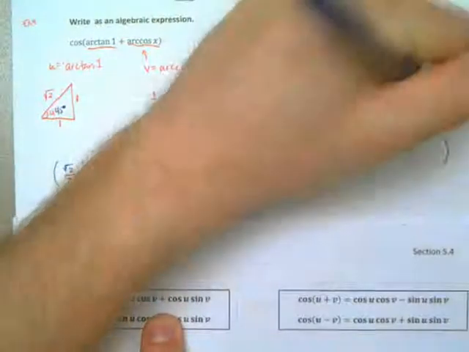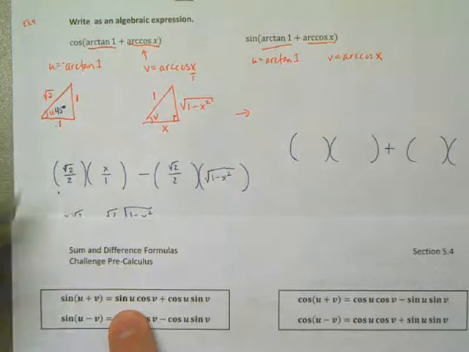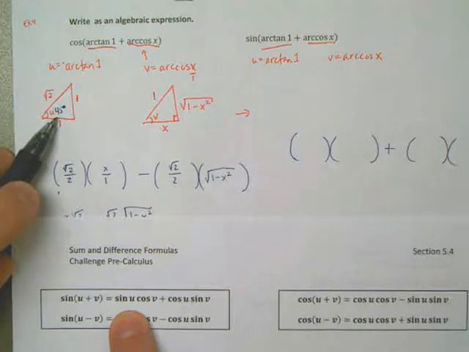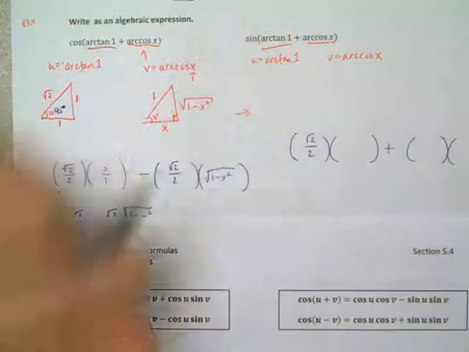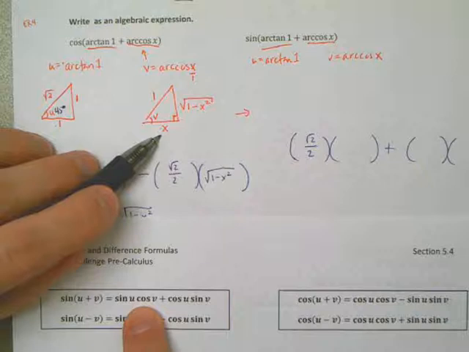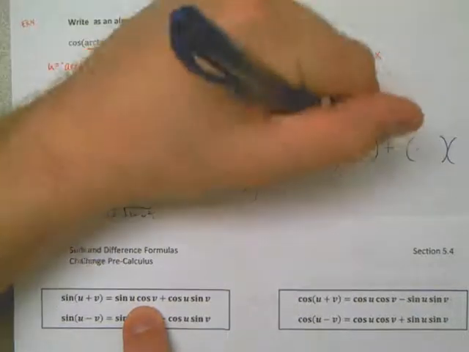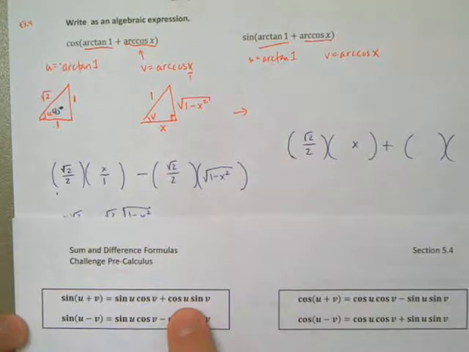Alright. Sine of u is 1 over the square root of 2, since u is 45 degrees. I'm going to write that as the square root of 2 over 2. Cosine of v is x over 1. Now, I need to add the cosine of u, which is 1 over the square root of 2. I'll write that as square root of 2 over 2.